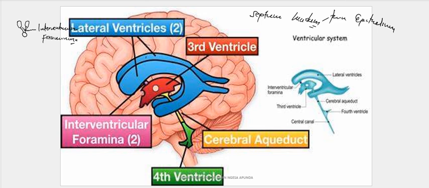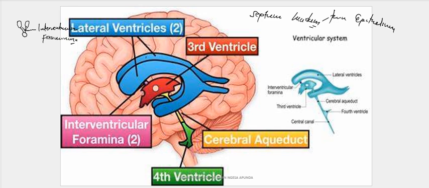So the third ventricle, of course, if you can see anatomically, is situated below the lateral ventricles, between the two parts of the thalamus. This is a medial view, so we are not able to see the thalamus because obviously our image is blocking it.